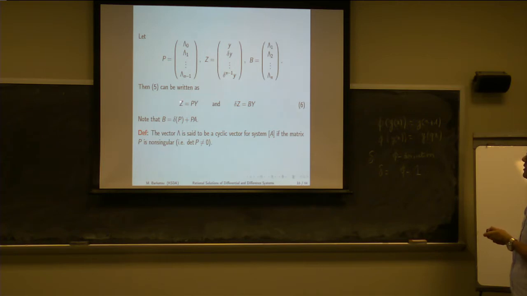And so, in order to get an equivalent system, you can replace Y by P inverse Z. You need this P to be invertible. So the vector lambda is said to be cyclic if this P is not singular, that is, if the vectors are linearly independent.